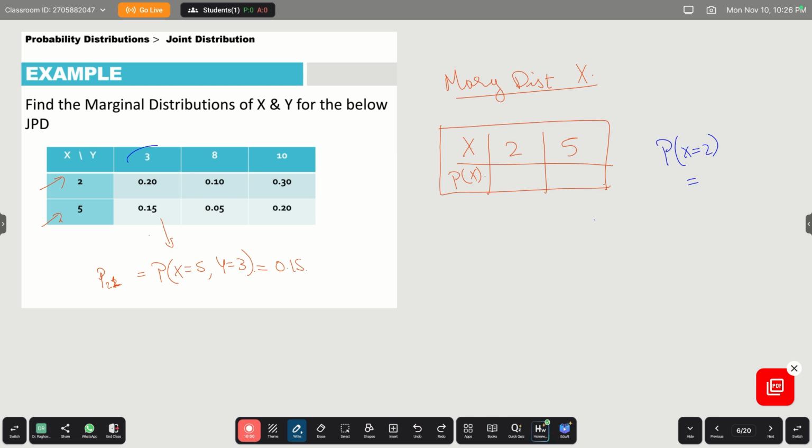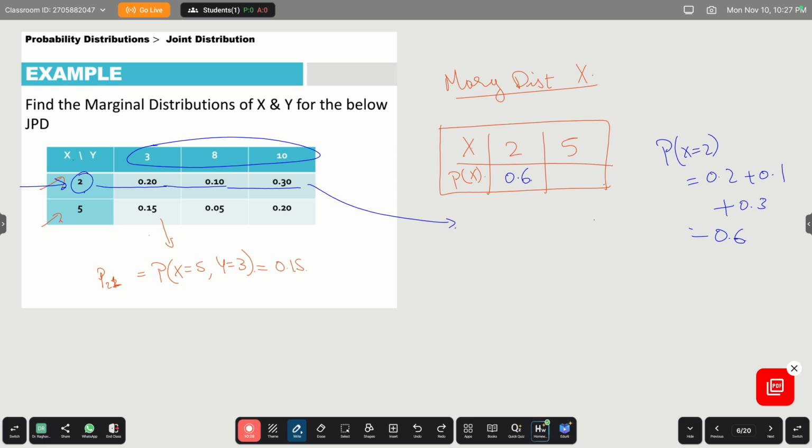I don't look at what's happening with y. I just take the row where x is 2 and add all these probabilities. So 0.2 plus 0.1 plus 0.3 is 0.6. So the probability that x is equal to 2 will be 0.6.